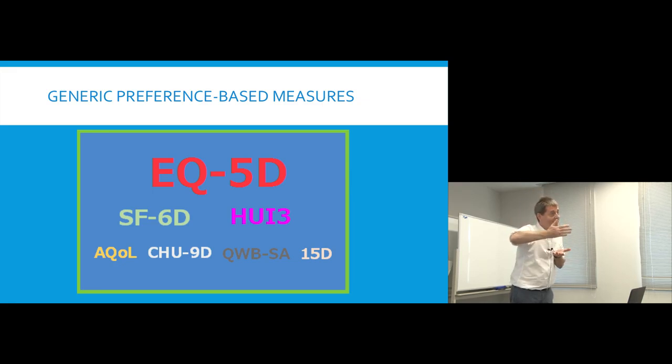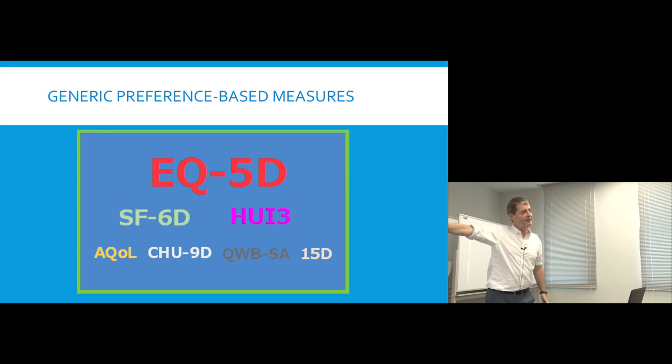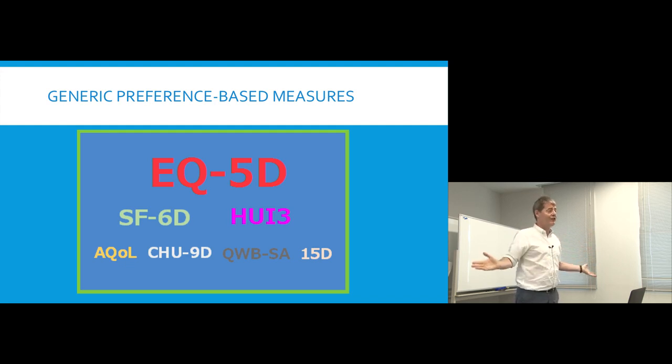Initially the child is a child, but in due course they're going to be adolescent and then young adult and so on. How do we get a consistent QALY estimate over time? Because if we start by measuring the CHU9D, it's very relevant to them, but then as they become adult or nearer adulthood, do we change to a different measure? So there's a lot of problems we haven't faced yet.